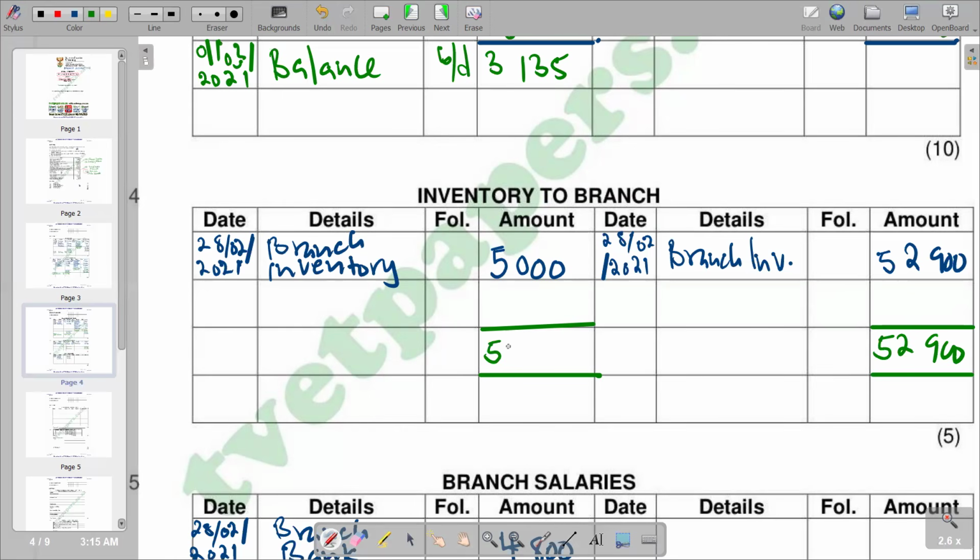It is also supposed to come on the credit side, 52,900, like this. Then 52,900 minus 5,000 gives 47,900. And this is supposed to be transferred to the head office trading account. So here you're saying head office.